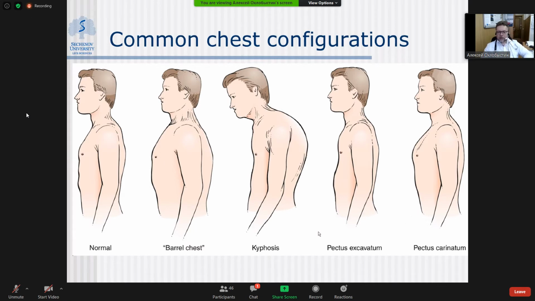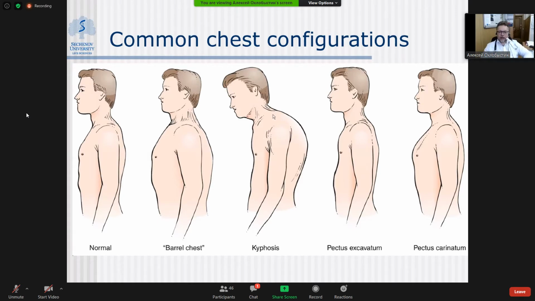Pathological types, what will be the clinical significance of those? First of all, the barrel chest or emphysematous chest will be the marker of emphysema, will be the result of emphysema. That's why it is interesting for us, because it means if patient will have chest like those, it means that patient is having long-standing asthma complicated by emphysema, or vice versa, patients having emphysema most commonly complicated by obstruction.